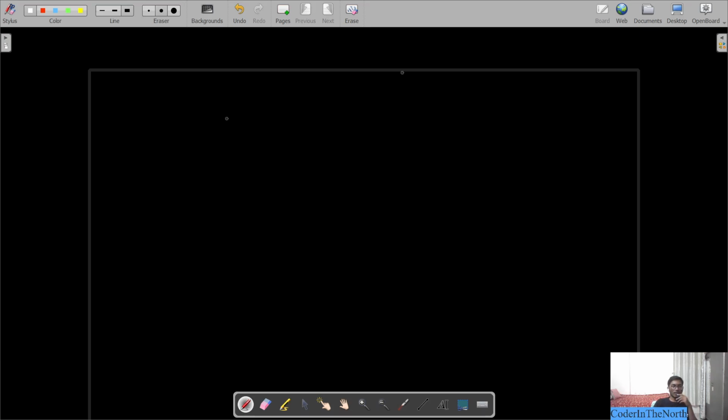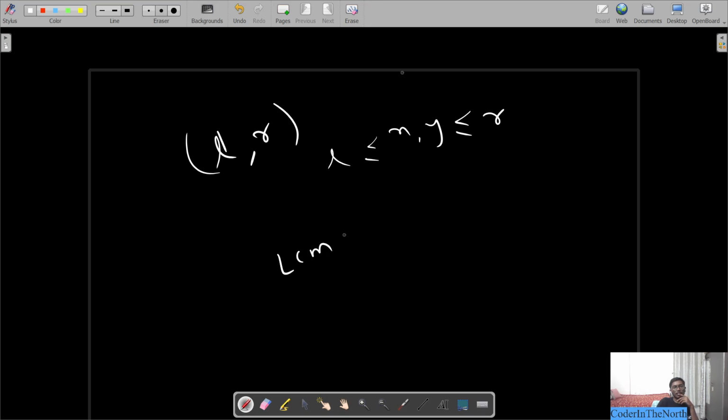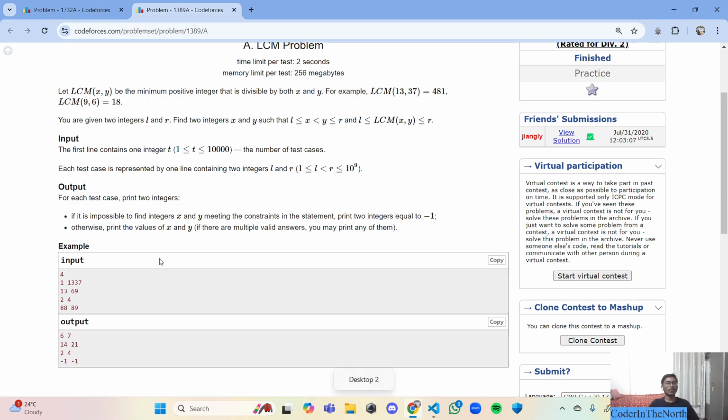I have been given an L comma R range, and I have to find x comma y, which are in the range of L comma R, such that the LCM of x comma y will also be in the range of L comma R. And when you read this question carefully, if it's impossible to find such integers x and y, you have to print -1.